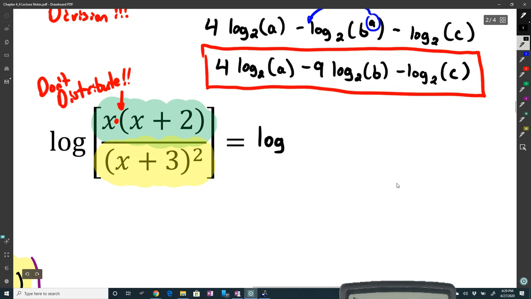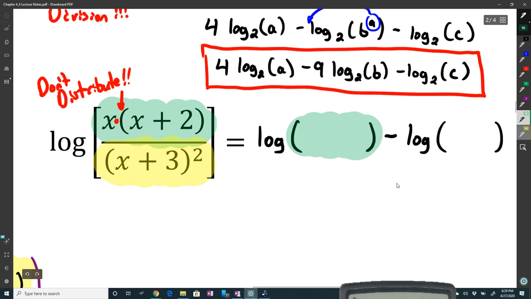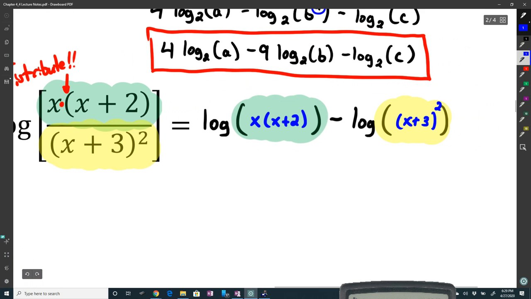So I have log of n minus log of n. So x times x plus 2 goes here. X plus 3 squared goes here. And then we work with each log individually.